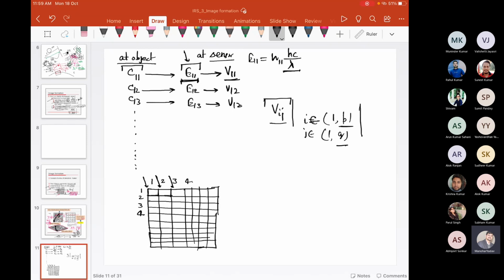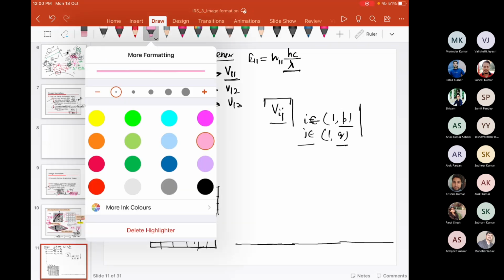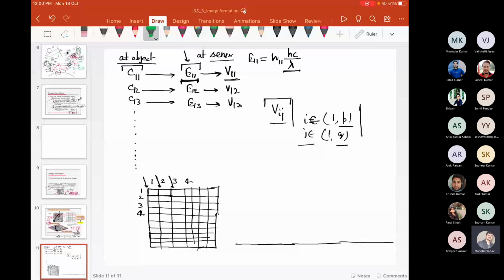Now just see this Vij. If I draw a line where we want to represent voltage Vij for i equal to 1 to P and j equal to 1 to Q. Now let's say we analyze the objects present in this area segment.